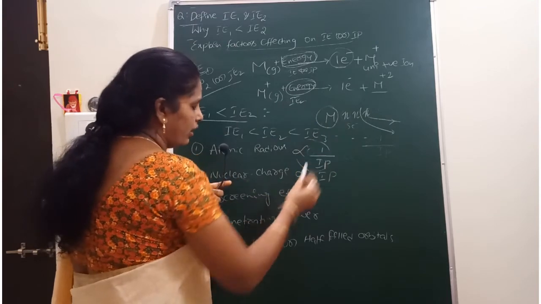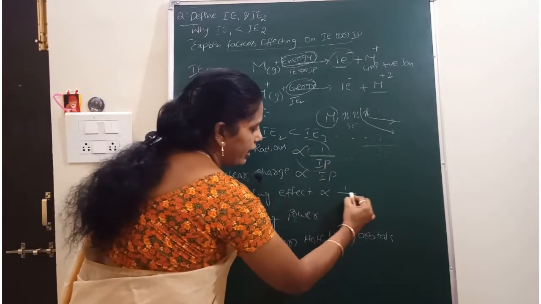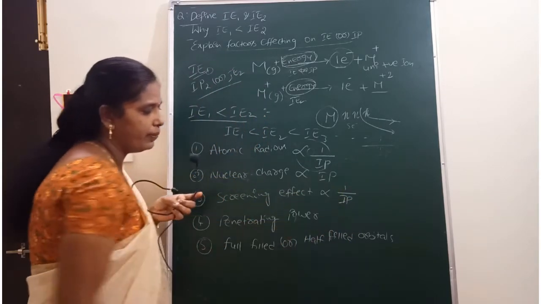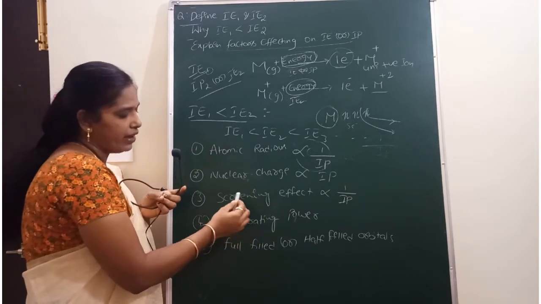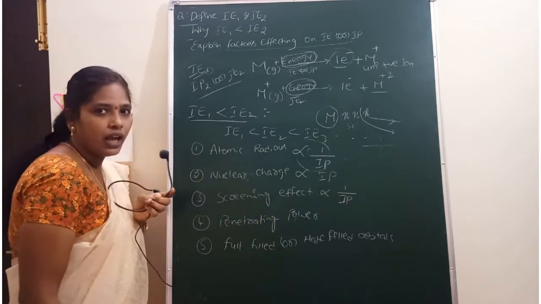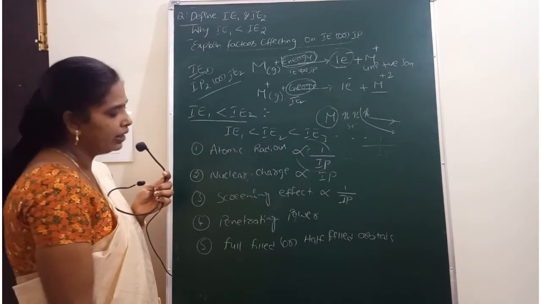That's why if the screening effect is great, IP will be less. If the screening effect is less, IP will be more. So screening effect is inversely proportional to the ionization potential or ionization energy.